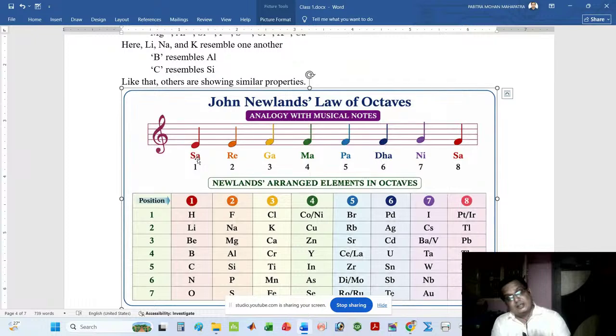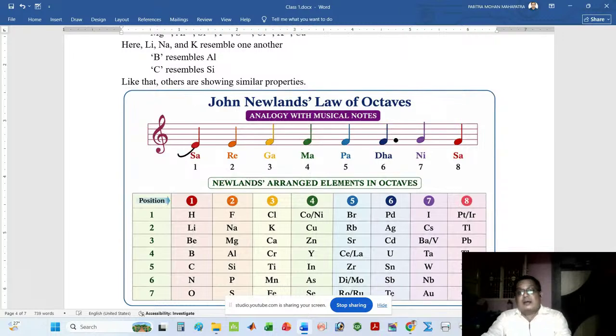When you come to the eighth note sa, again the sound will be the same, similar. Your sa makes a similarity. Like the musical notes, the elements also vary in property. The property of the elements will vary like the musical notes.